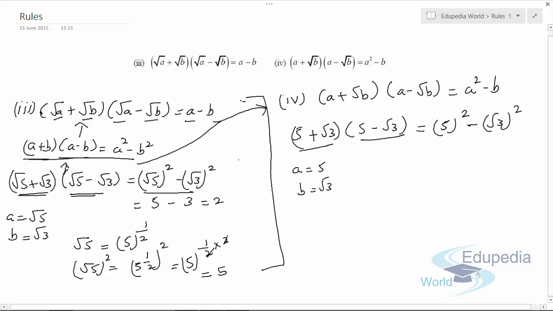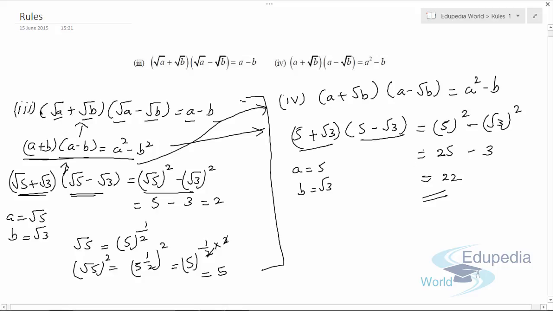So we can apply this identity over here. So the answer will come out to be 5 square is 25, and we have already discussed under root of any number square will always be equal to its number. So the answer will be 3. So 25 minus 3 is 22. So this is the solution.